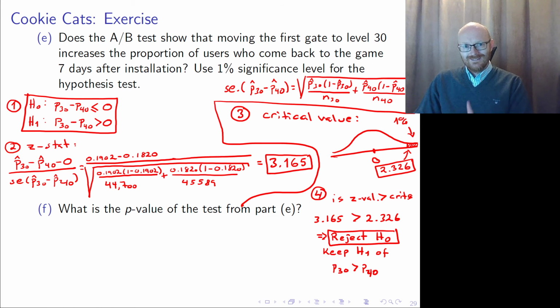And now for the p-value, okay? What is the p-value of the test from part E?